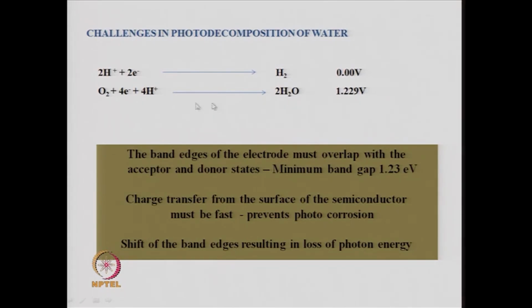Since you want the reverse reaction, this will be negative, but anyway the energy difference that you require is around 1.23 volts. So, the sum of these two reactions requires 1.23 volts. Hence, the band gap of the semiconductor should be at least 1.23 electron volts.